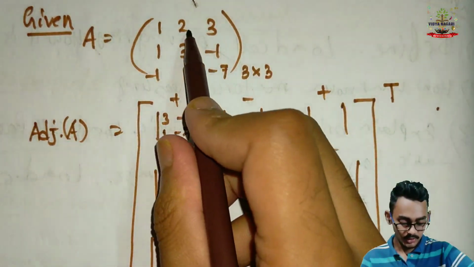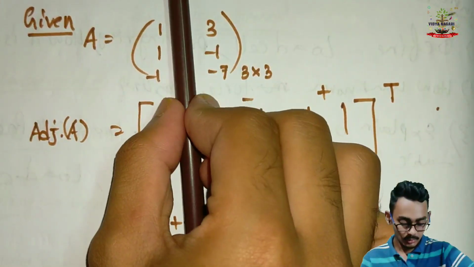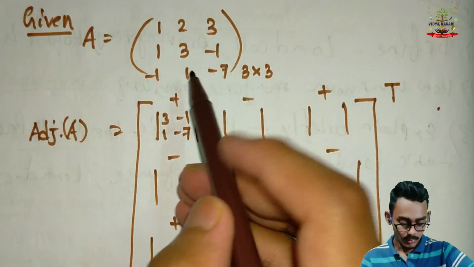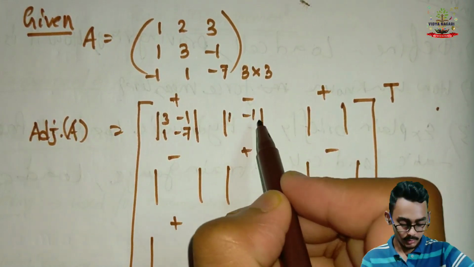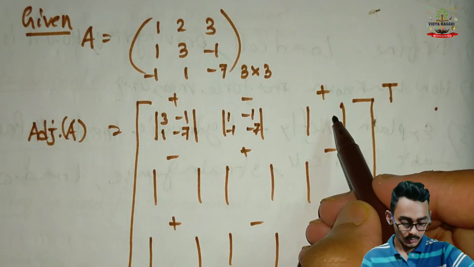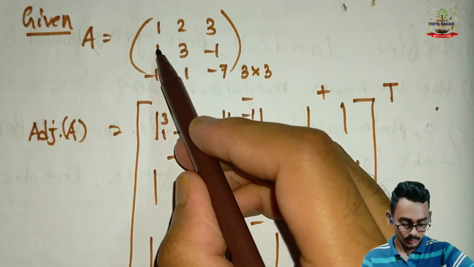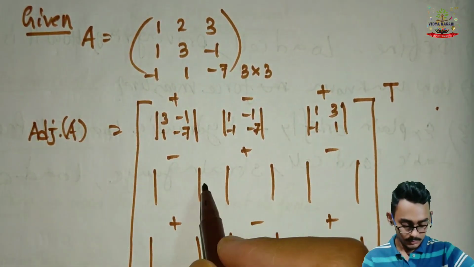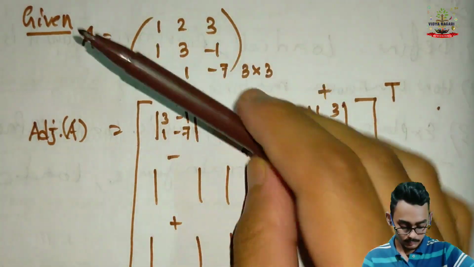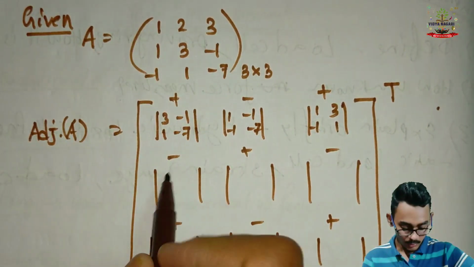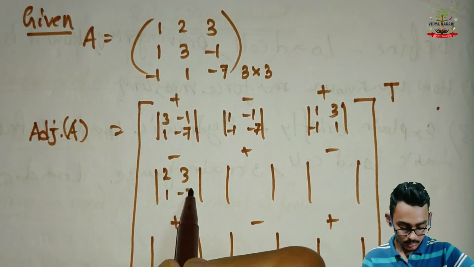Similarly for 2, removing this row and column, it becomes 1, minus 1, minus 1, minus 7. For 3, it is 1, 3, minus 1, 1. For the next row, for 1, it is 2, 3, 1, minus 7.